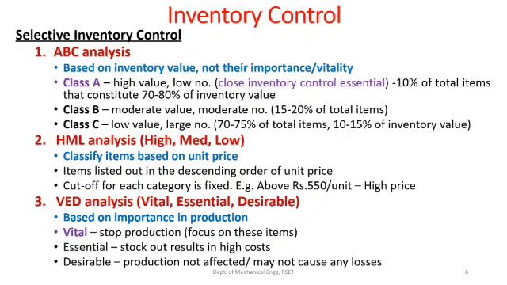Vital items are those items which, if not available in stock, will completely halt or stop the production process. So they are very, very important to the production process. Such items are classified as vital items. So the inventory control technique should focus upon these. Inventory control should always ensure that these vital items are always available.